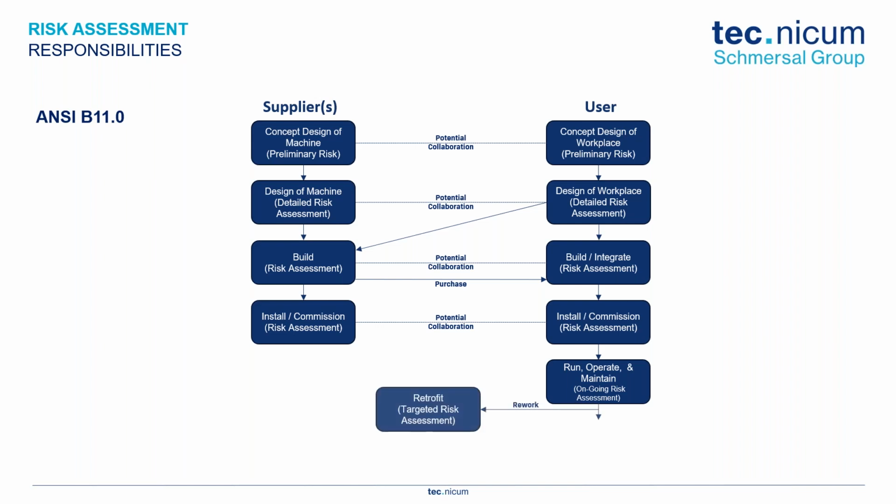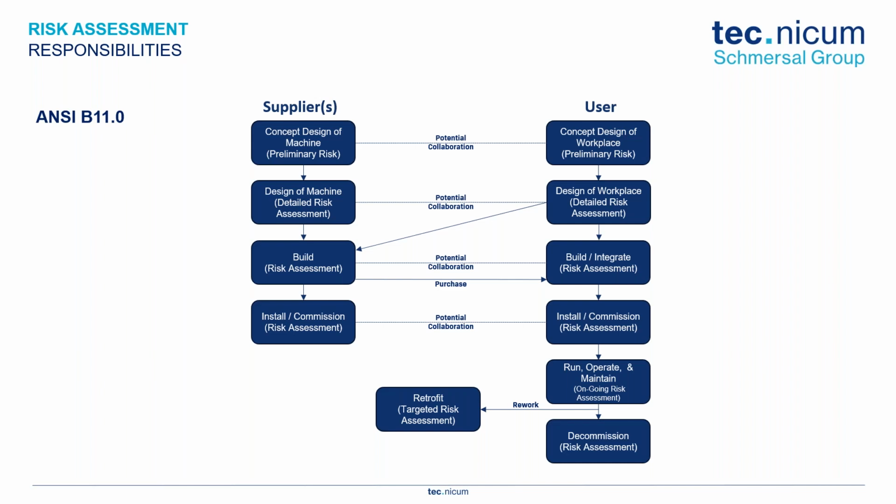So if you move the machine, or in this example here from ANSI B11.0, if we do any type of retrofits or modifications, this triggers a risk assessment. Right? When we are done with this machine, we're doing a decommissioning, this triggers a risk assessment.